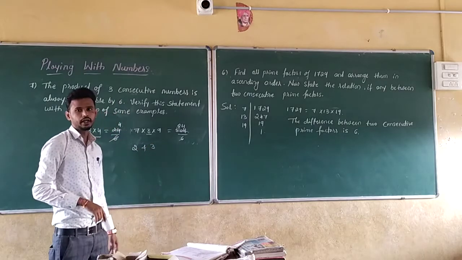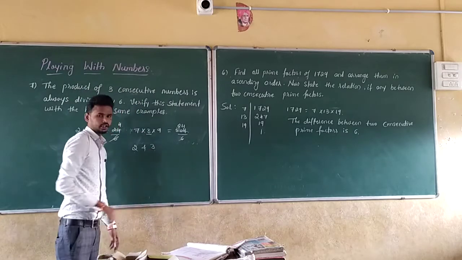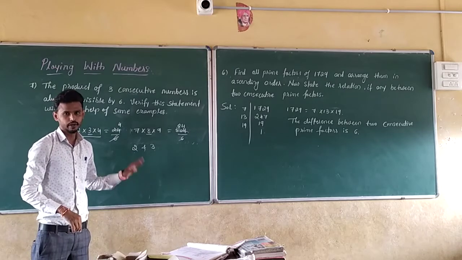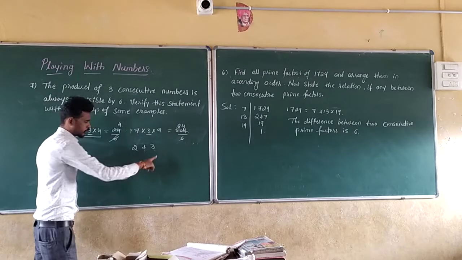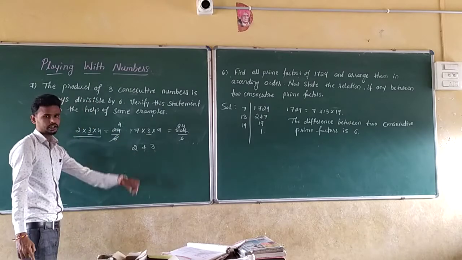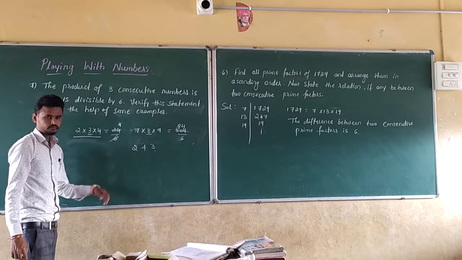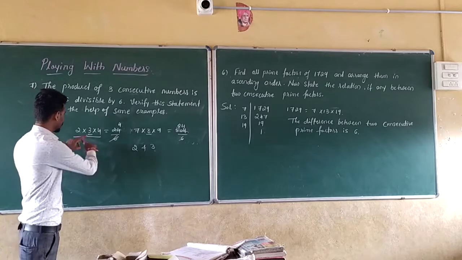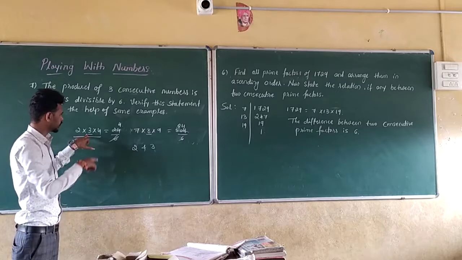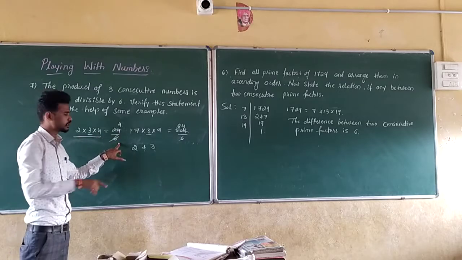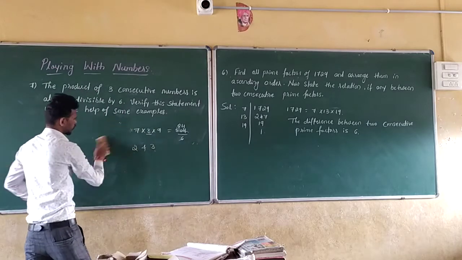And if a number is divisible by both 2 and 3, then you can say that it is divisible by 6. So the product of three consecutive numbers is always divisible by 2 and 3, hence their product is also divisible by 6.